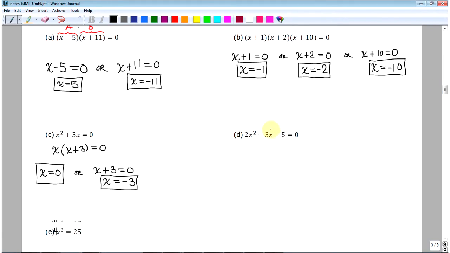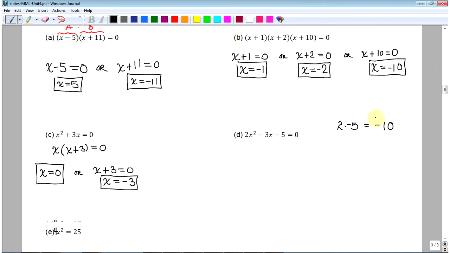Okay, going on to part D. We have 0 on one side, however, we don't have a product on the left. So I need to factor this expression. So we had a method that you can follow to factor trinomials. So we can take our leading coefficient, 2, times our constant, -5, to get -10.